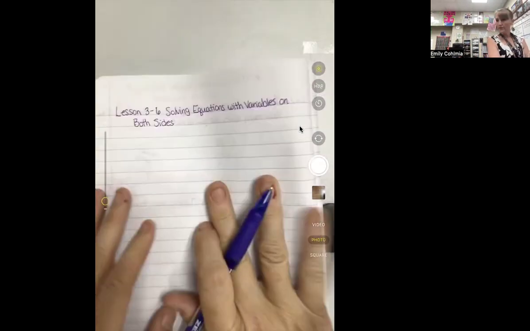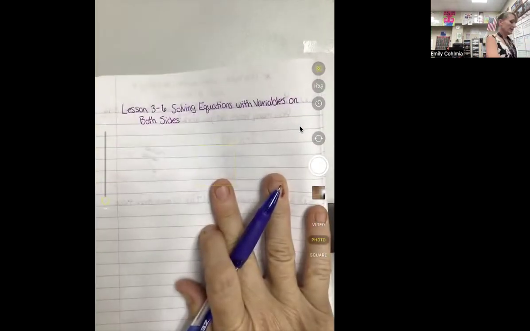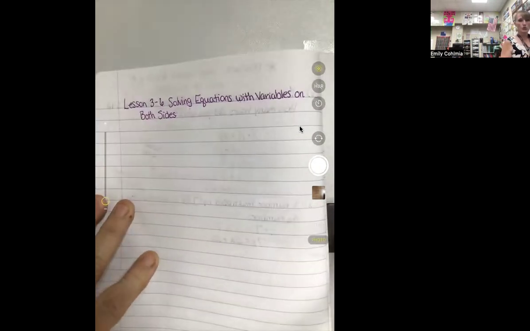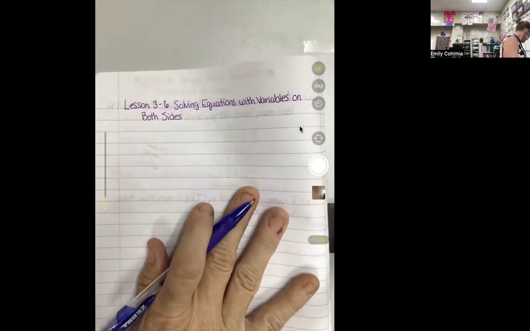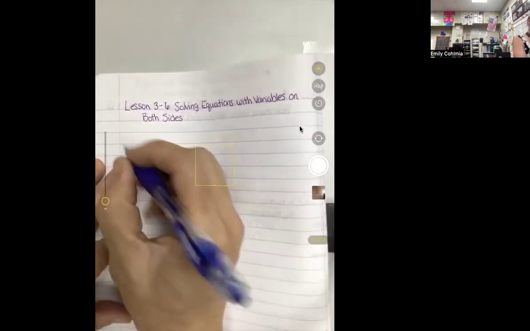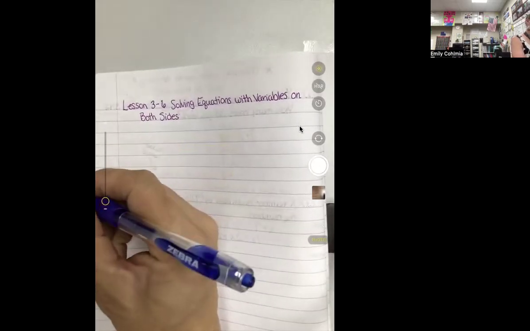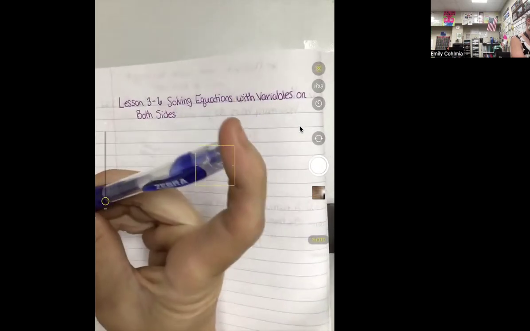Okay, so the first thing that we need to do is we're going to have equations that look like this.